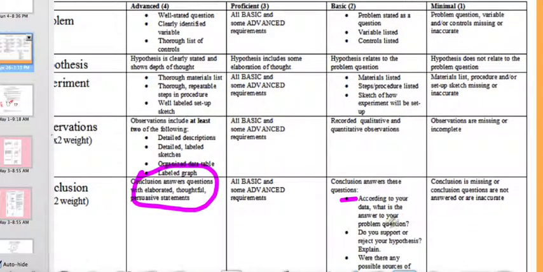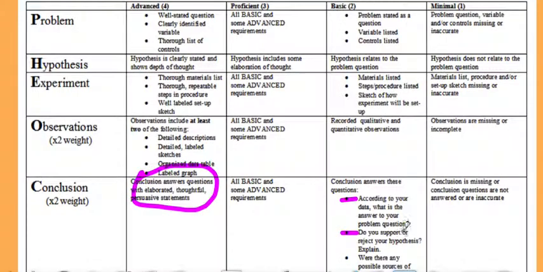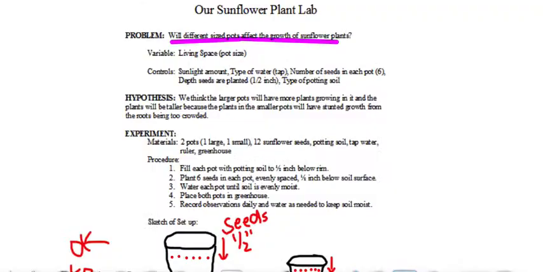And they should be referring to their data and be thinking about, do different size pots actually matter? The second thing you're going to answer in the second paragraph is, do you support or reject your hypothesis? Explain. So again, you need to go back and take a look at your hypothesis. Do you agree with it or don't you agree with it? And explain why or why not.